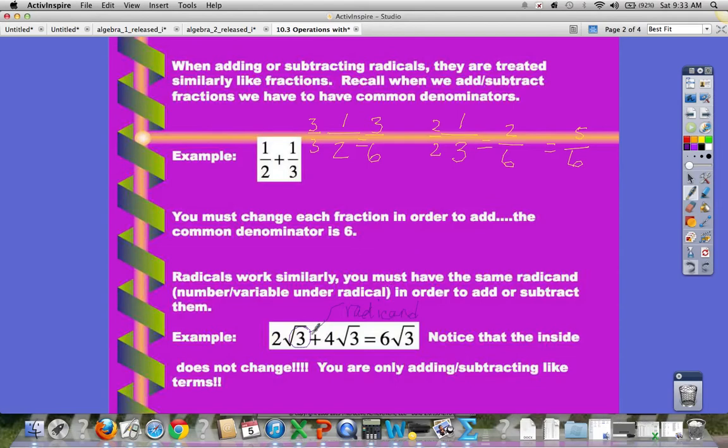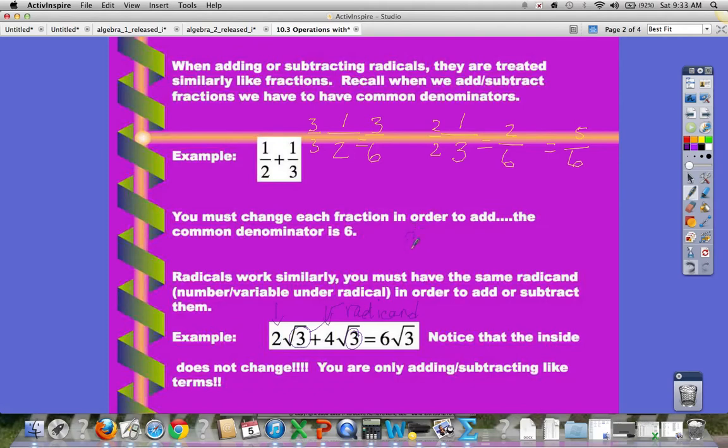What you'll look for is if it's simplified. Now, on this particular example, we have 2 times, and this means times because they're put together. There's no plus or minus in between, so it's multiplication. 2 times the square root of 3 plus 4 times the square root of 3, and we're going to add those two. Well, because the radicands are both square root of 3, we can go ahead and add these by adding the coefficients. It's kind of like adding like terms.